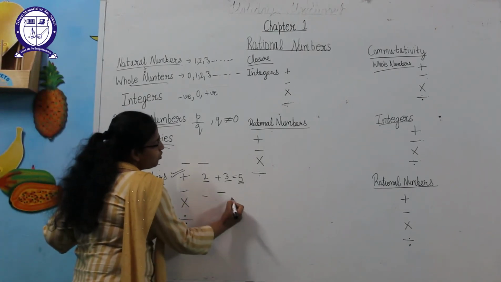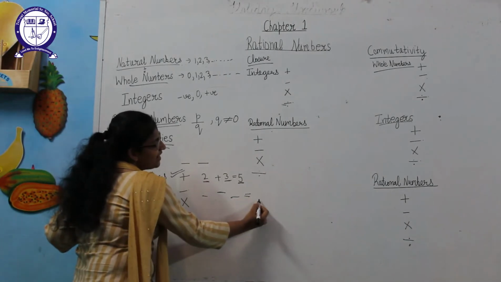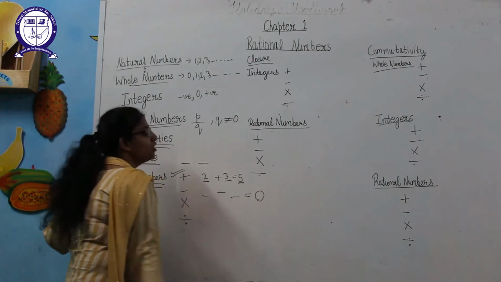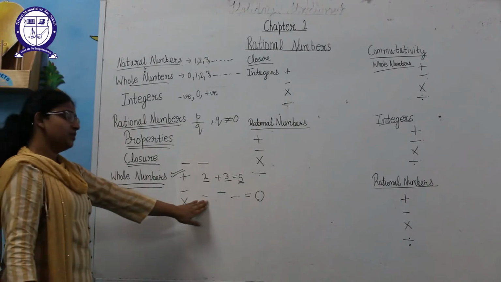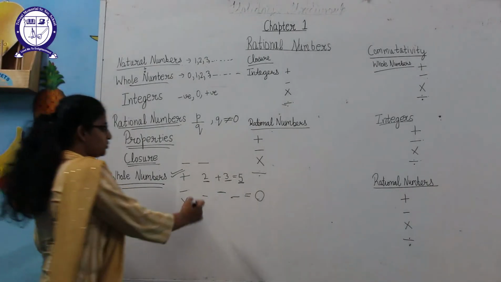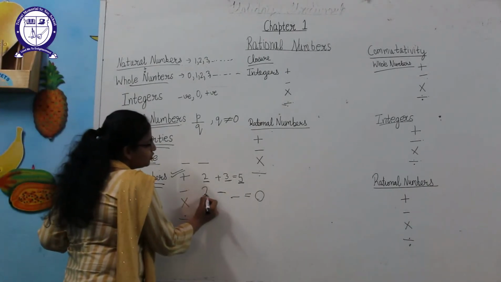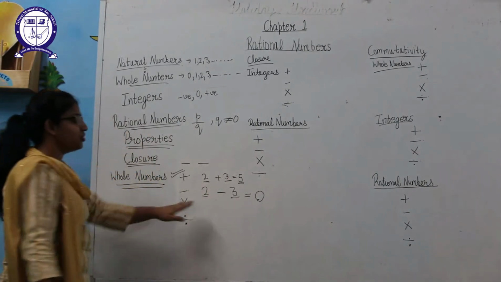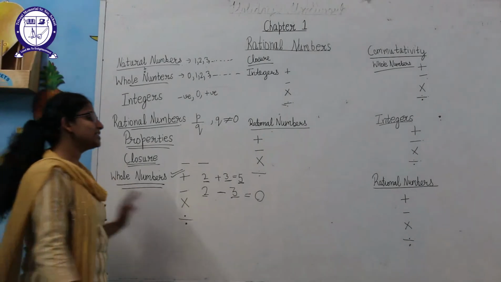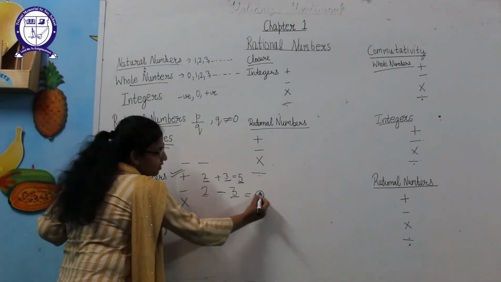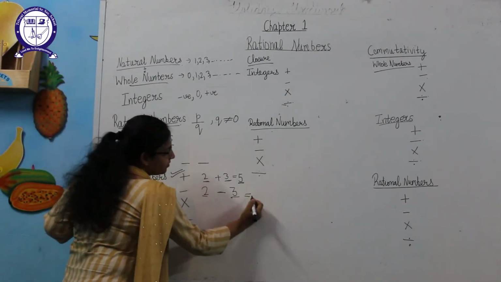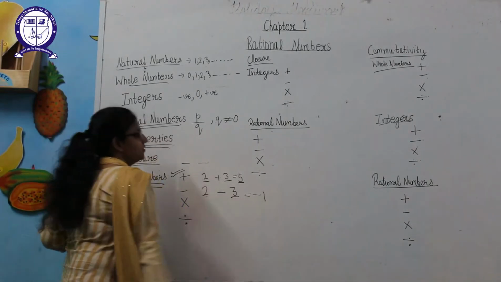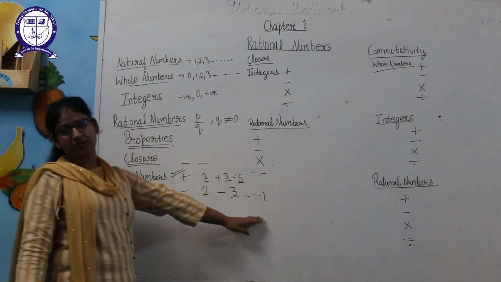It means we have to subtract 2 whole numbers and we have to check if we get the answer as a whole number or not. So take any whole numbers. Suppose we are taking again 2 and 3. What we will get? 2 minus 3 is minus 1. Is minus 1 a whole number?